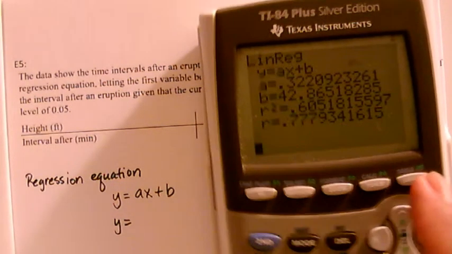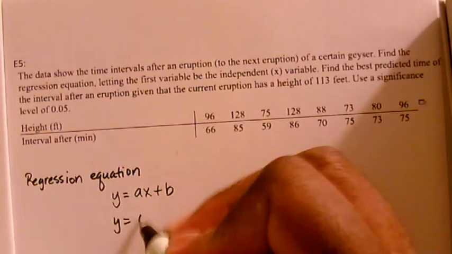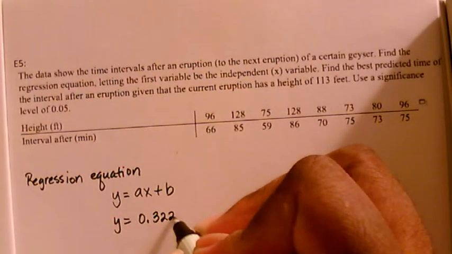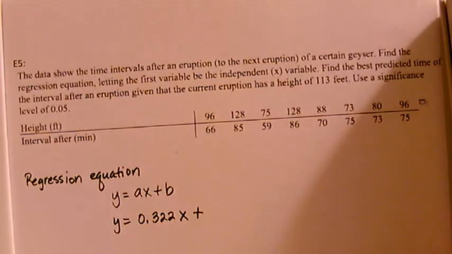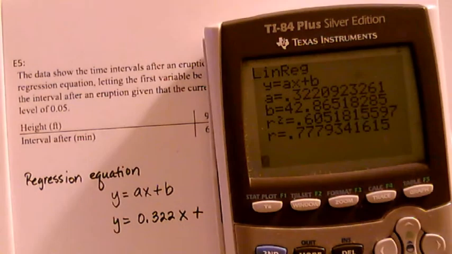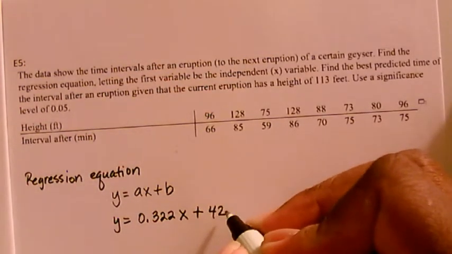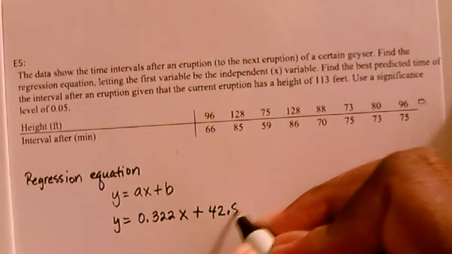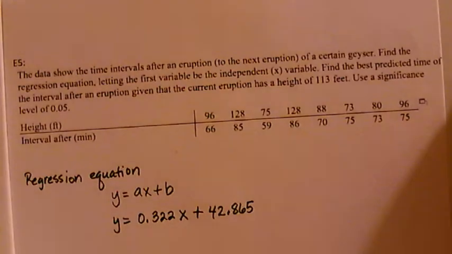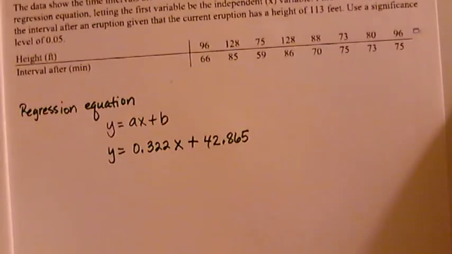Your a is 0.322, so this will be 0.322x plus b, which is 42.865, rounded to 3 decimal places. Okay, that's your regression equation.